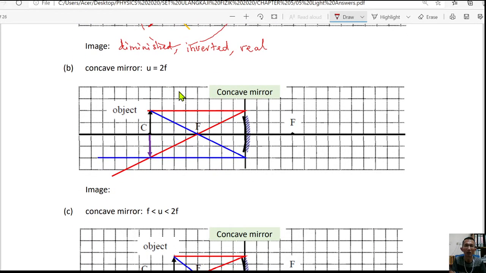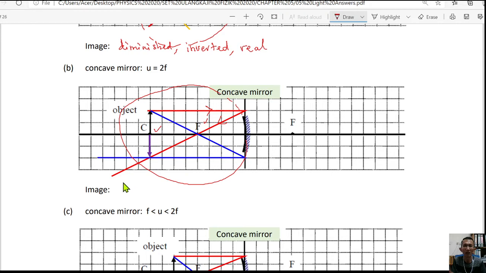Again, here is my mirror, my concave mirror. If I complete this circle, I know that I'm going to use this C and this F. Now I draw a line parallel to my principal axis. That is my incident ray, and it will be reflected towards my focal point.